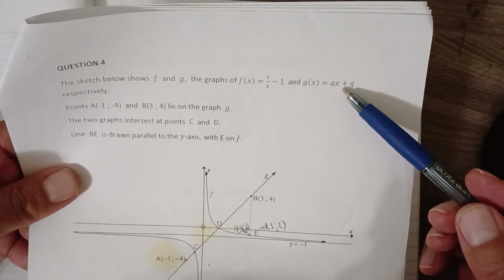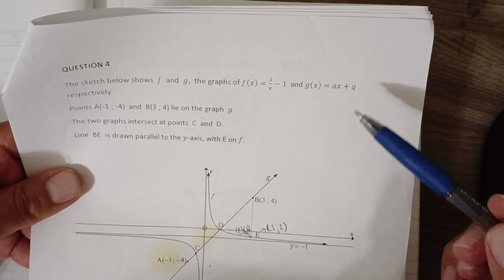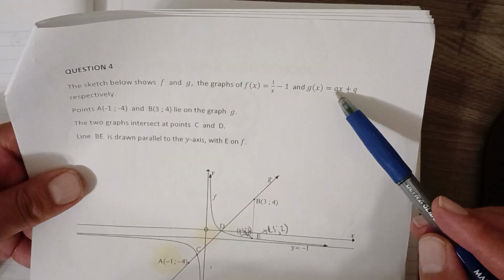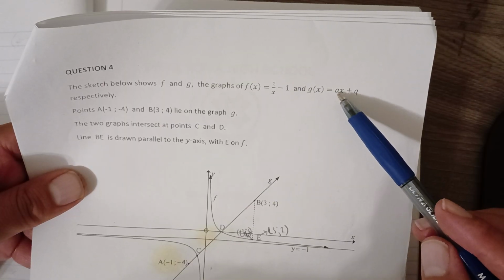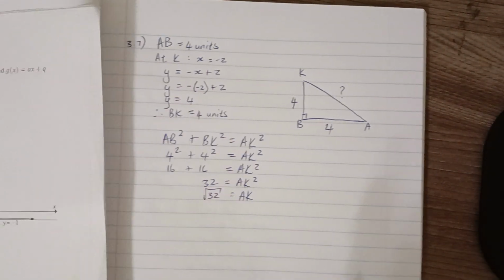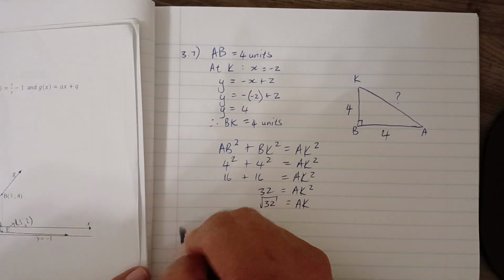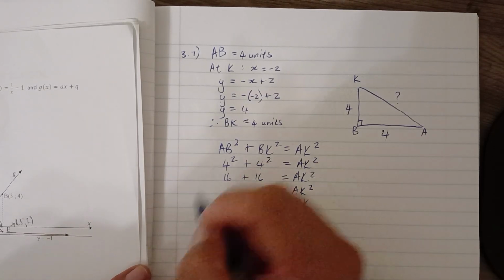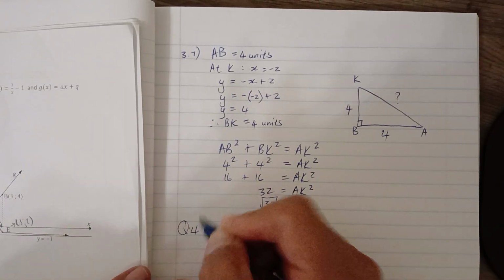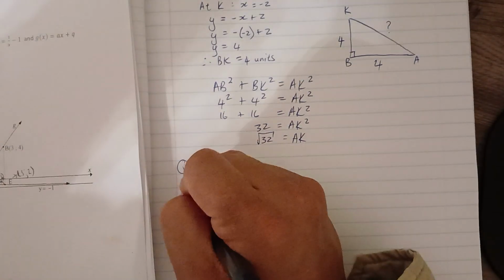Now, that refers to a and q in a straight line. So a, the coefficient of x, is also the gradient. Question 4.1.